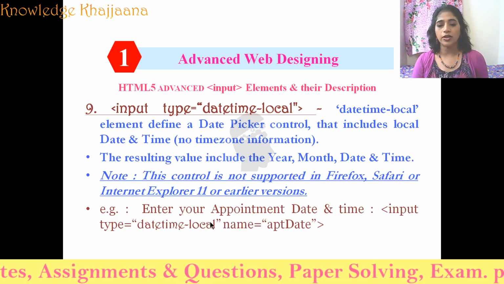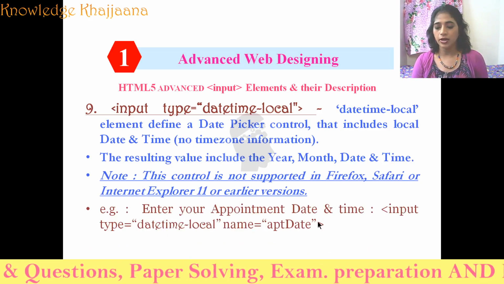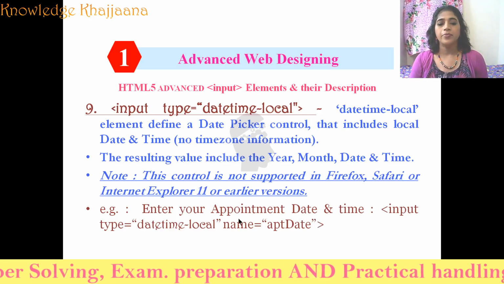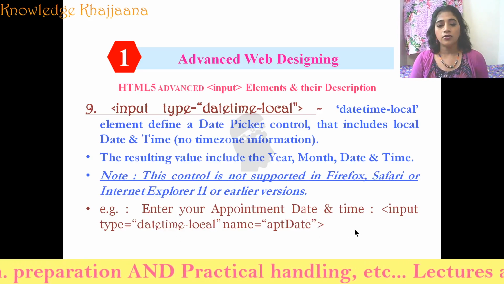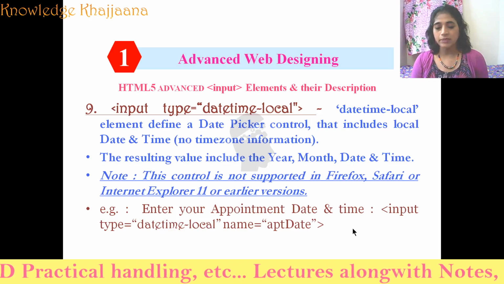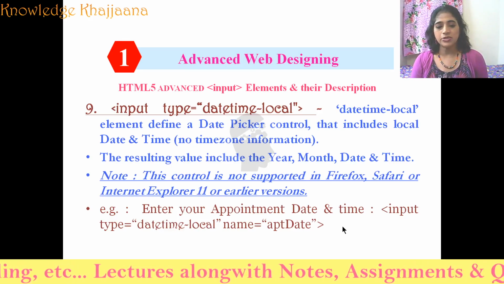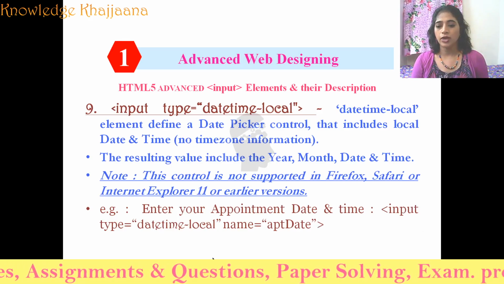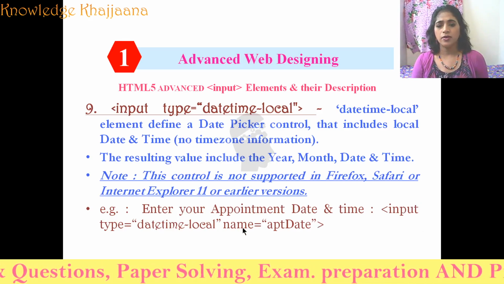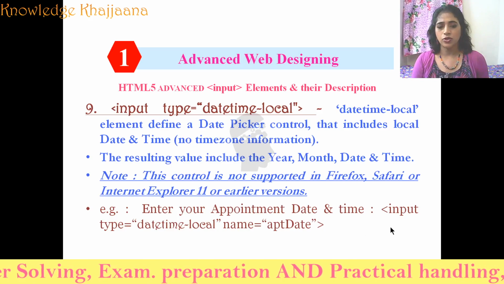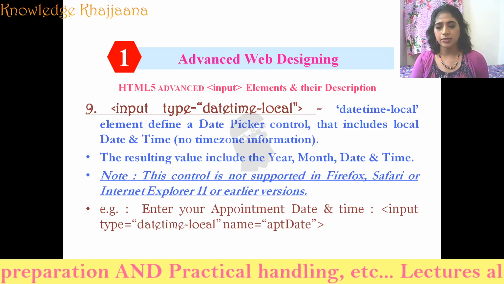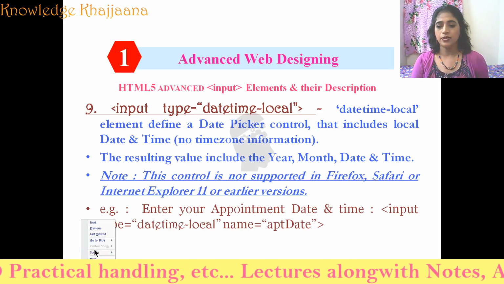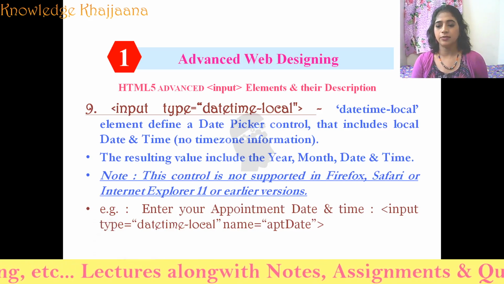Suppose you have taken the appointment for your admission. Or a good example for this is on a specific date and at a specific time, you are going to have the live session of whatever online lessons you are going to attend. So this example also we can take. Okay. Let's take the example.